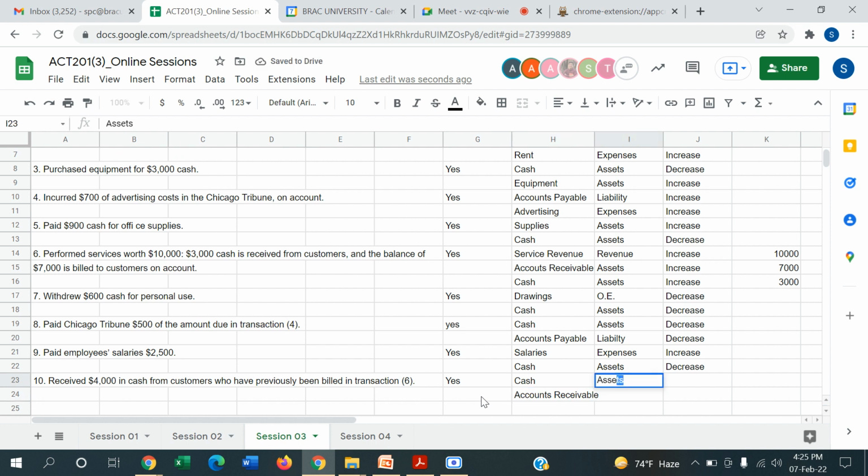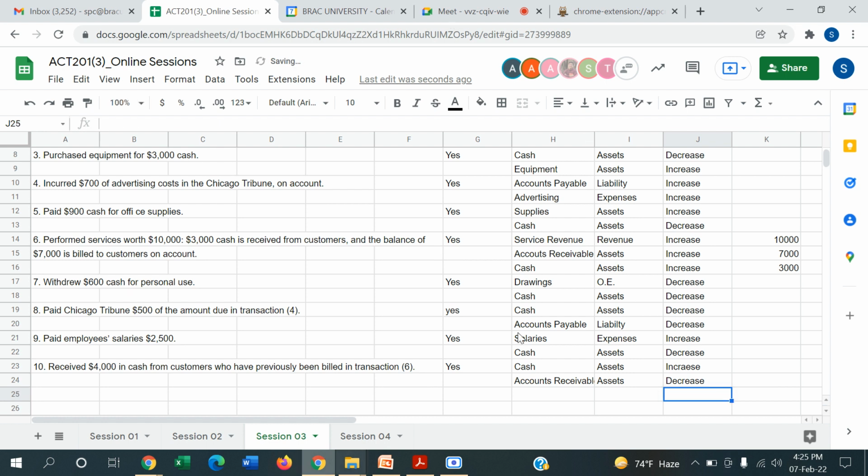Both are assets. Cash increases, and the latter one decreases. Excellent.